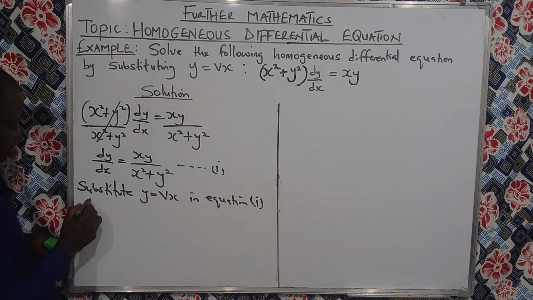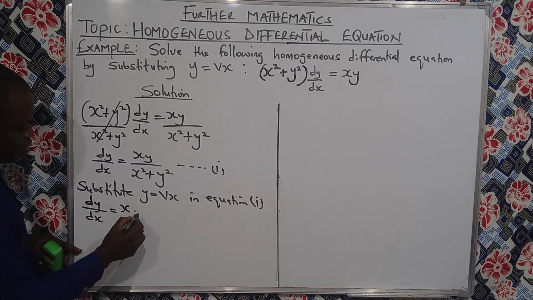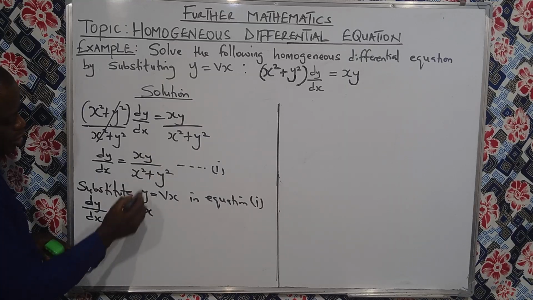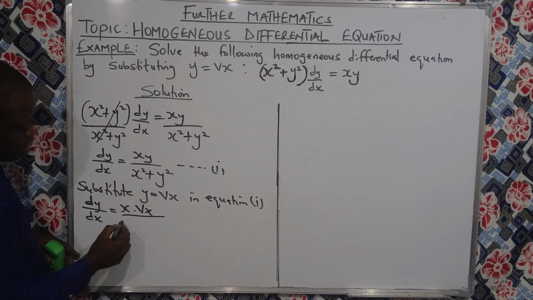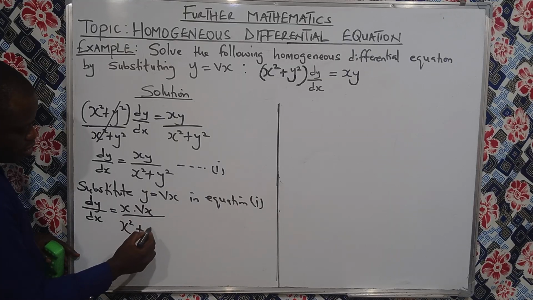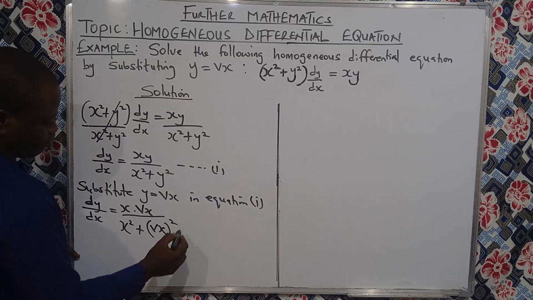When you do that, you have dy over dx equals x multiplied by vx, because we replace y with vx, over x squared plus y squared, which is vx in brackets squared.